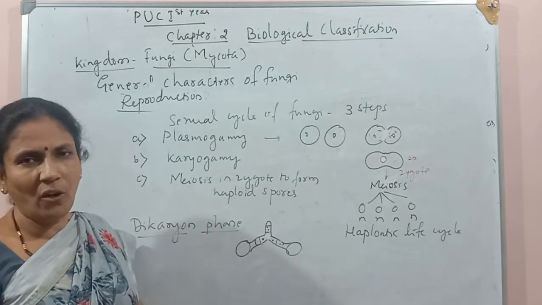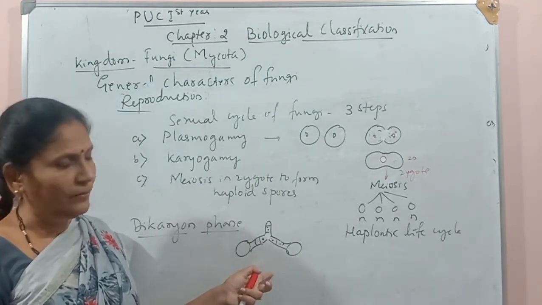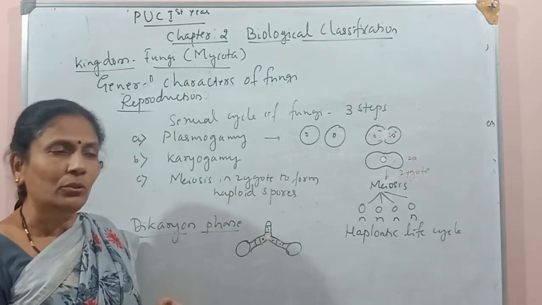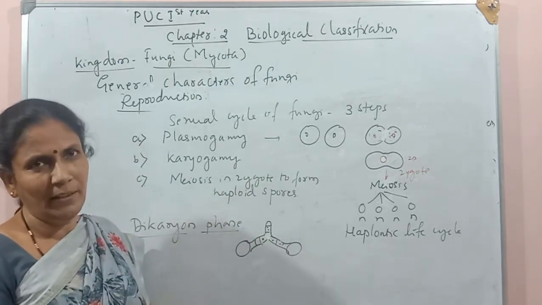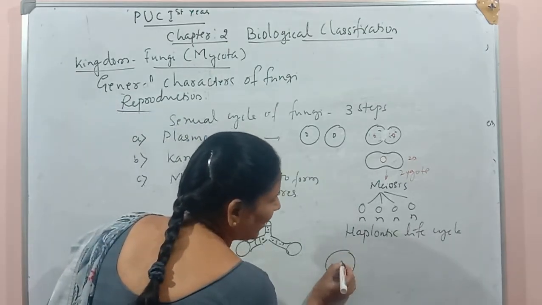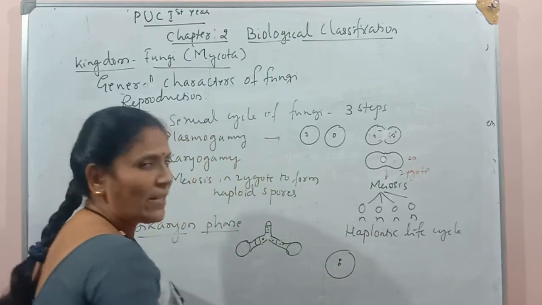This condition is called dikaryon. These 2 nuclei are kept separate throughout the whole body, but they fuse in a structure called the basidium.